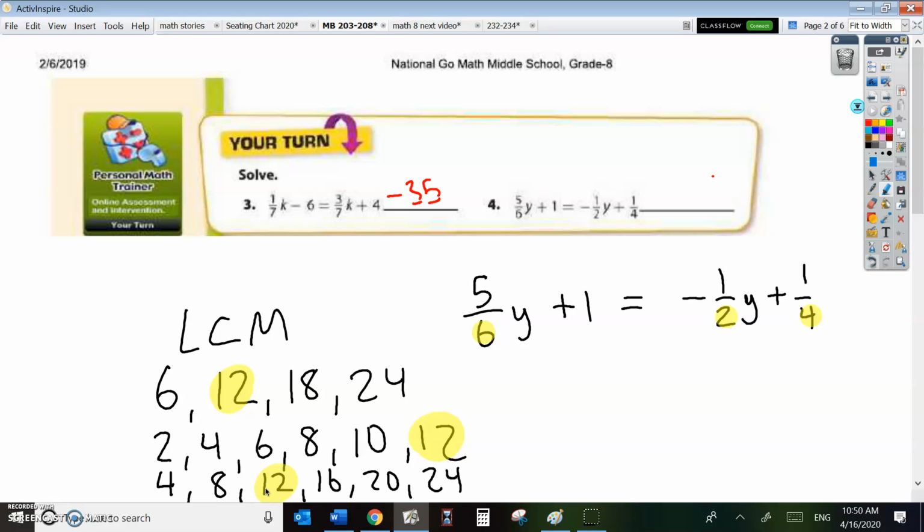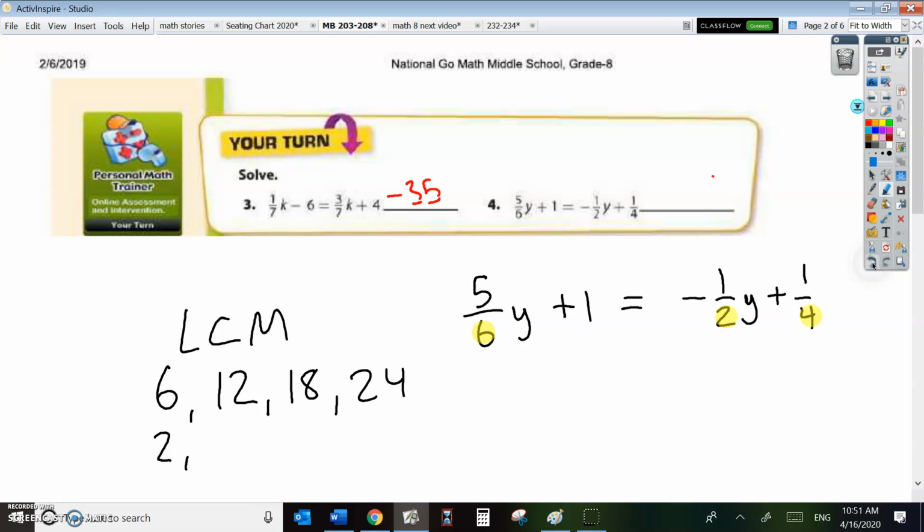So let's multiply everything by 12. And then we can figure out how to get rid of the denominators and work the problem more simply.